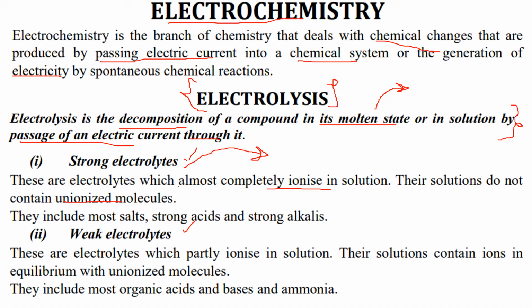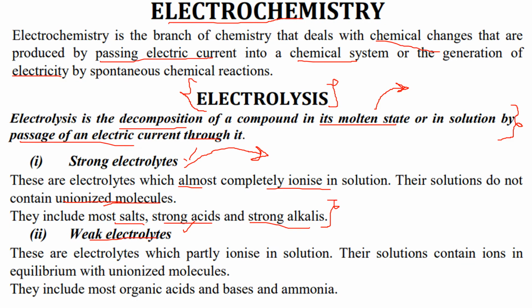You may leave out the word almost, but they ionize completely to form their respective ions in solution without leaving any unionized molecules. So for examples, you're going to see salts, strong acids together with strong alkalis, as these ones all ionize completely.